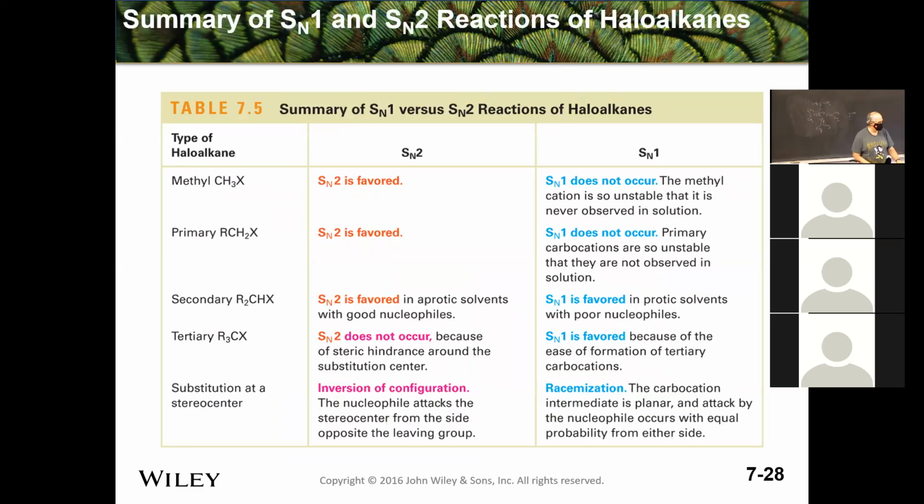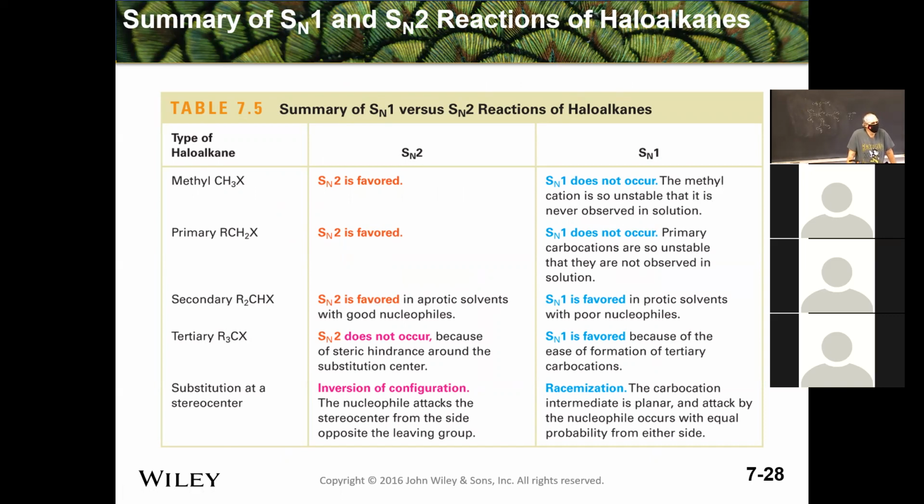Okay, so this is a summary. If we look at the type of haloalkane, if it's a methyl halide, SN2 is favored, same way with the primary, and SN1 does not occur, because the carbocation is so unstable. For a secondary, I said earlier that could go either way.